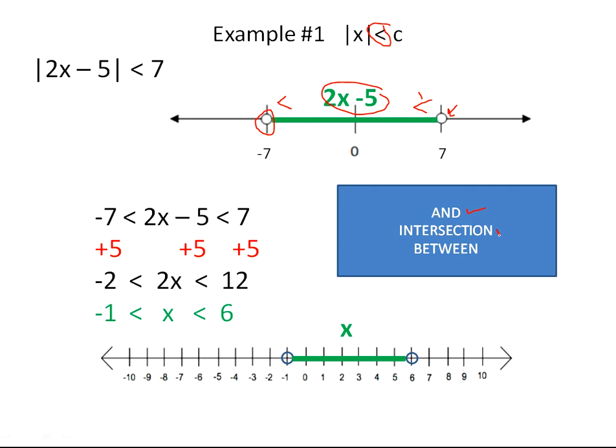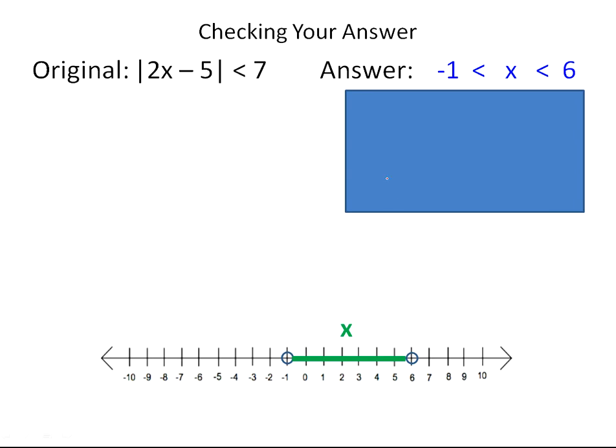It's also an intersection between two inequalities. It's where they're common, just like the intersection of streets. And then we also use the word between for this. So less than with an absolute value means we're going to have something that's between two boundaries.